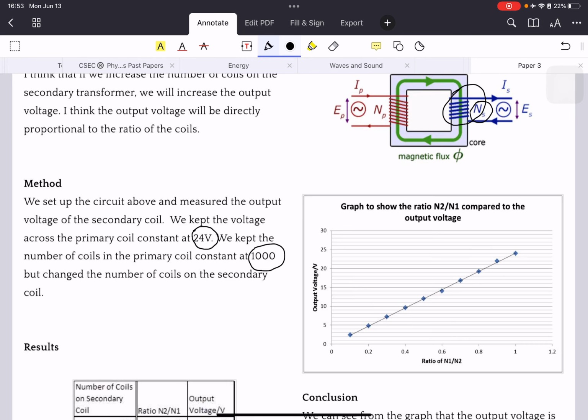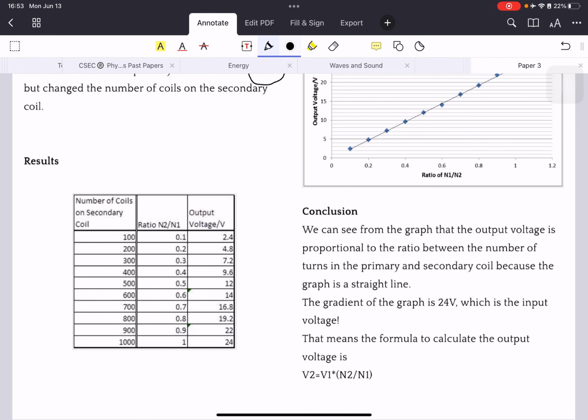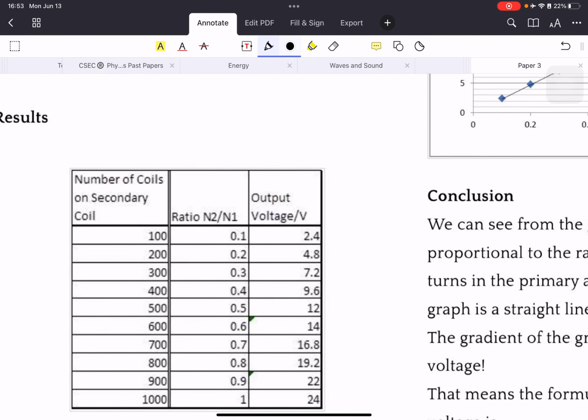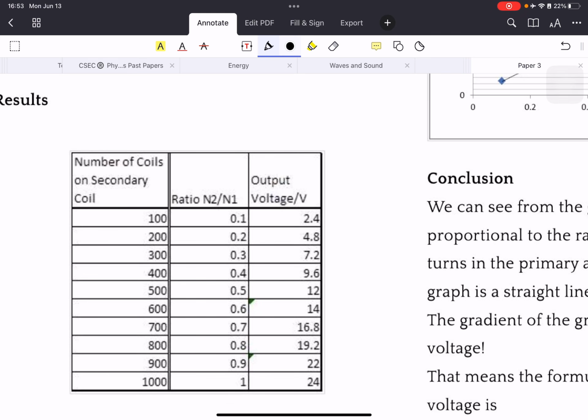Okay, so now we have a table here. They will give you a table, and they will give you the number of coils on the secondary coil. Remember, 1,000 is always on the primary coil. So if we start with 100 coils in the secondary coil, the ratio of the secondary coil to the primary coil, so NS over NP, will be 100 over 1,000, which is 0.1.